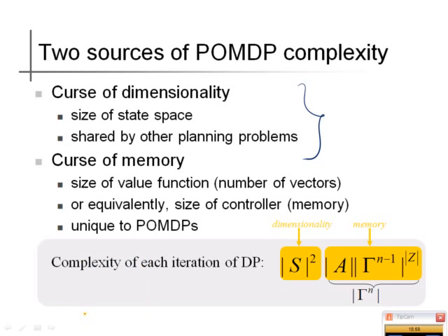As the number of states increases, the size of the state space increases, and MDPs become harder and harder to solve. But for POMDPs, you also have the curse of memory. That means you need to consider the size of the value function, or equivalently, the size of the policy.